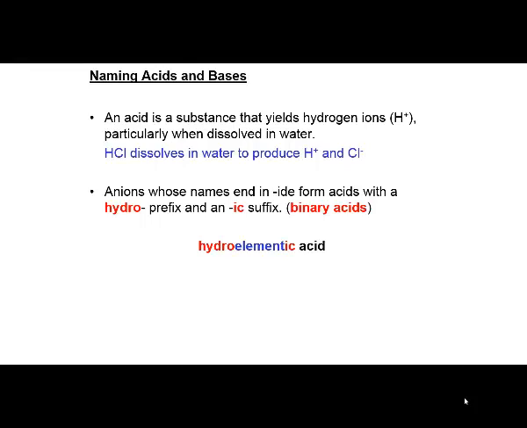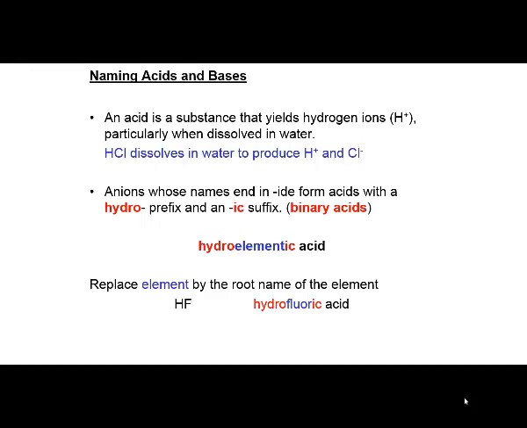So here's another example of that. Let's replace the element name by the root name of the element we're going to use. So let's use fluorine first. I'm going to add the prefix hydro and change the ending of fluorine to -ic. So hydrofluoric acid is a binary acid.